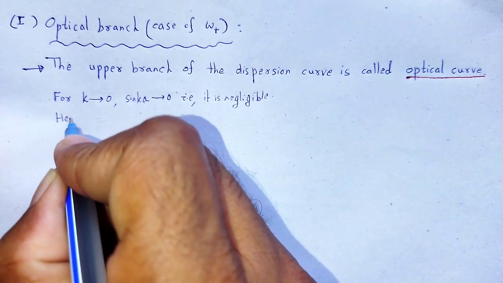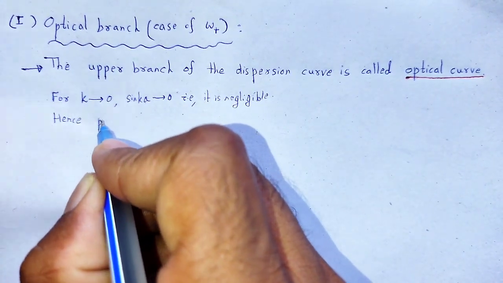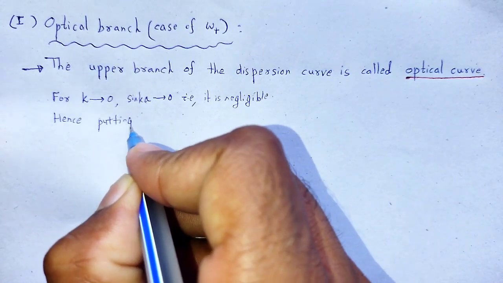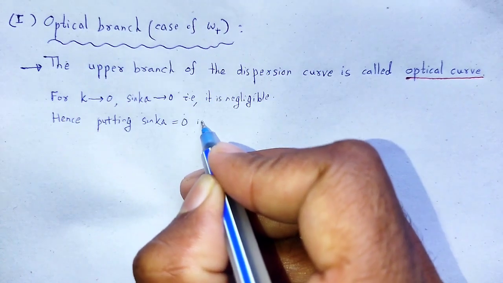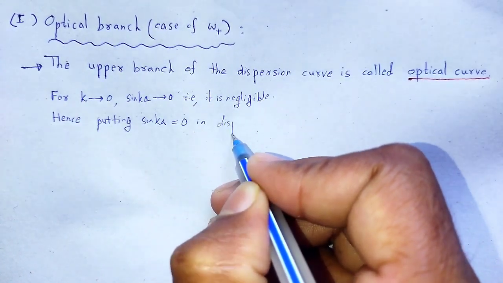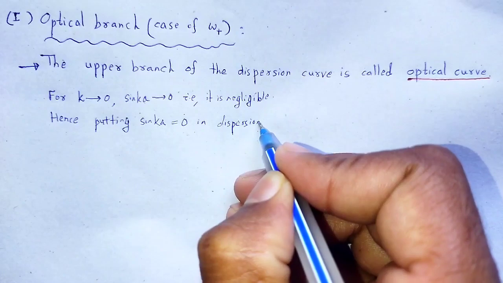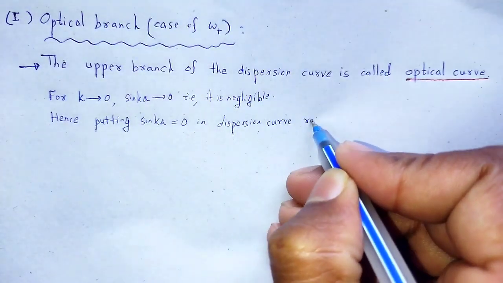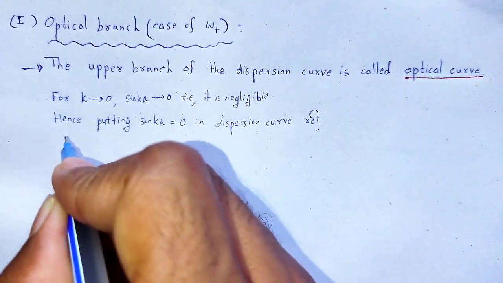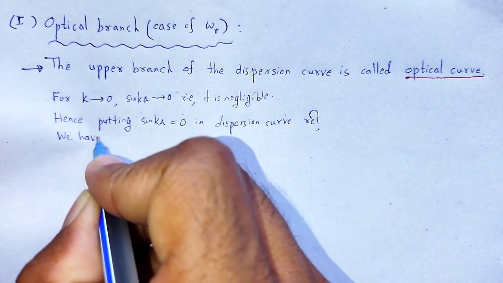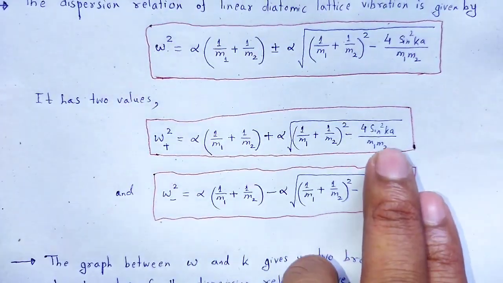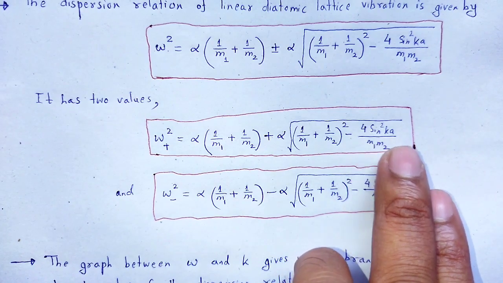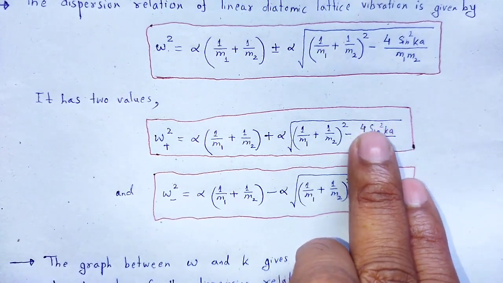Hence, if we put sin Ka equal to 0 in the dispersion relation for omega plus, the entire term vanishes.